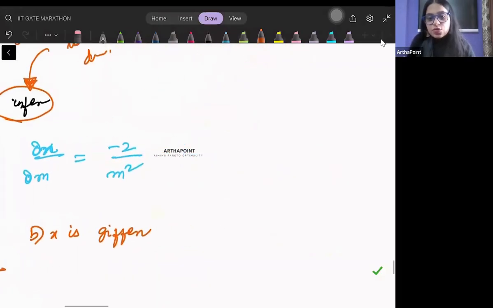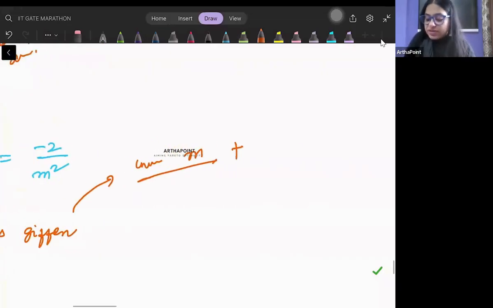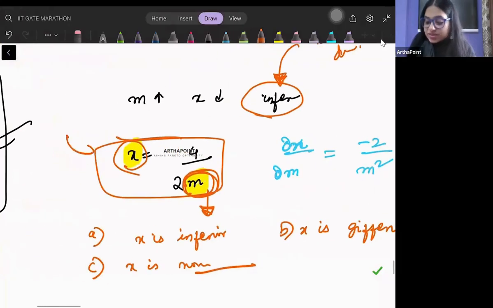But what is a Giffen good? A Giffen good is a good which not only has an inverse relationship with income, but additionally, it should also have a direct relationship with price. So just by looking at this equation, I cannot say that this is a Giffen good also, right?